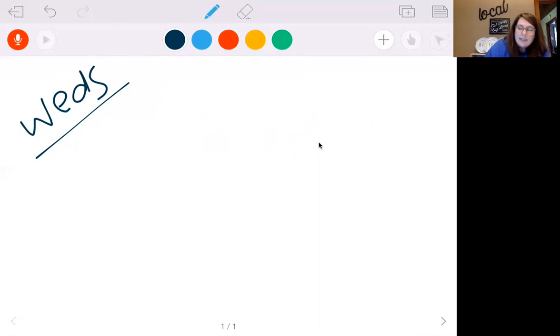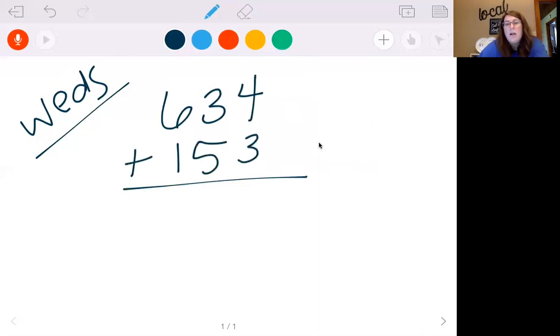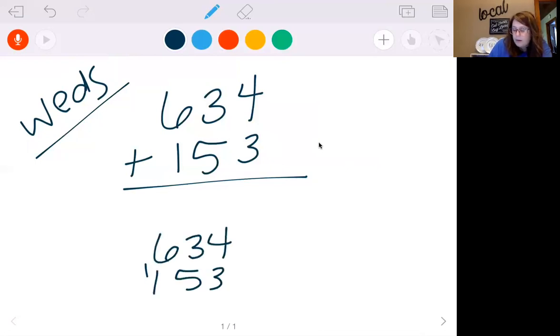Let's look at 634 plus 153. You have two ways here, rounding it to the nearest 10 and rounding to the nearest 100. So I'm going to write it again down here so we can do it twice. First, let's do it to the nearest hundreds. 3 makes that 6 stay the same.